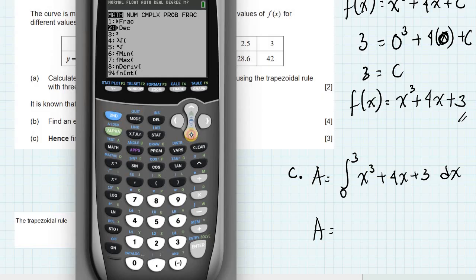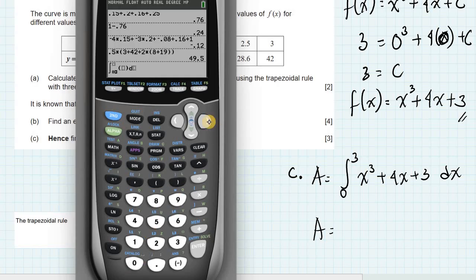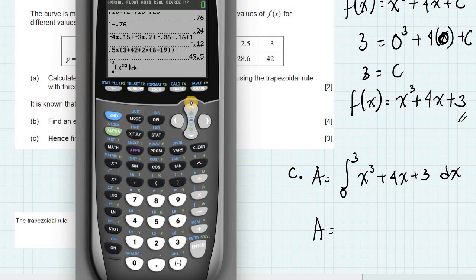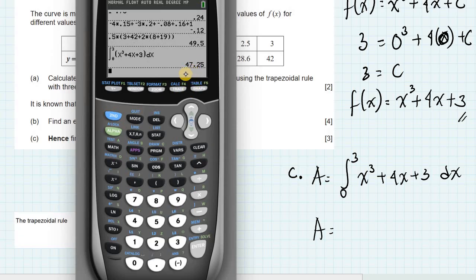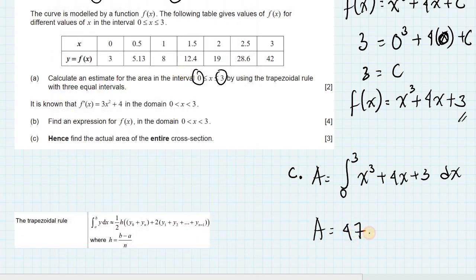Go to math, integral from 0 until 3 of x to the power of 3 plus 4x plus 3 dx. Enter, and we have 47.25.